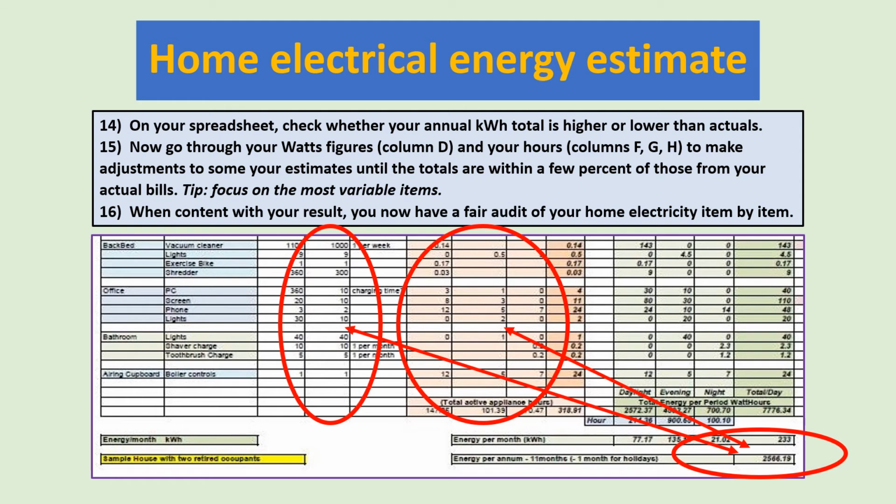Now go back to your spreadsheet and check whether your annual kilowatt hours total estimate is higher or lower than the actuals that you've checked on your bills.